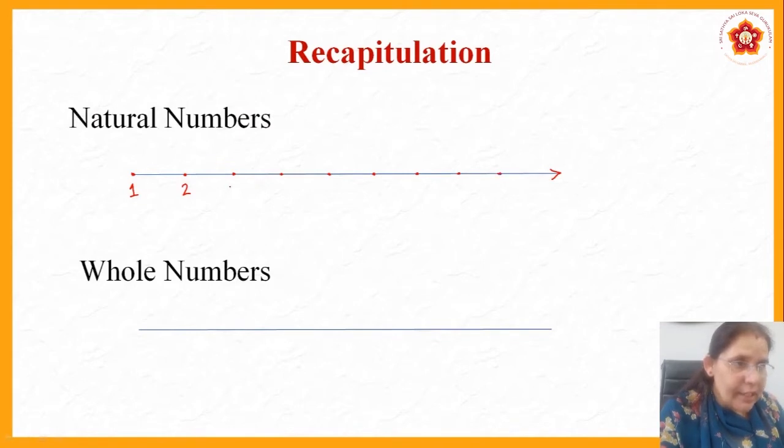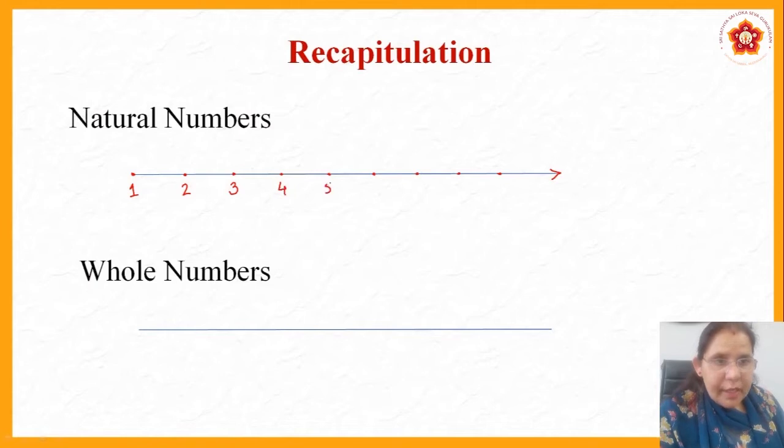So I have marked it here. This would be point 3, 4, 5, 6, 7, 8, 9 and so on. So this is how we represent natural numbers on a number line.